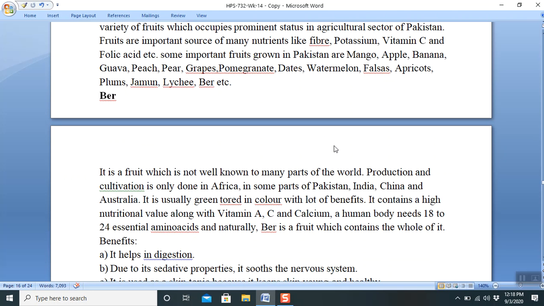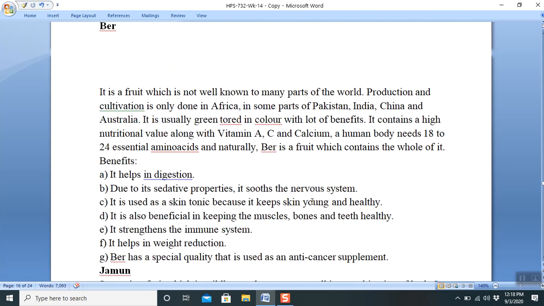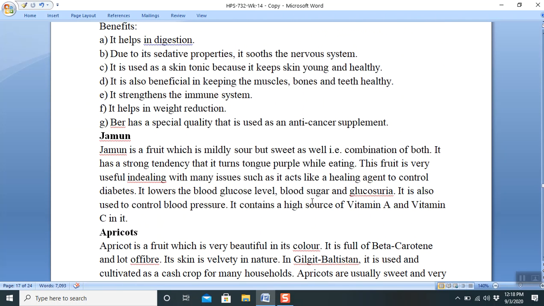They are a source of energy and digestion in the summer seasons. Jamun is a fruit produced in lowlands, especially if you ever have a chance to enjoy jamun in Rawalpindi and Islamabad, they are very delicious.